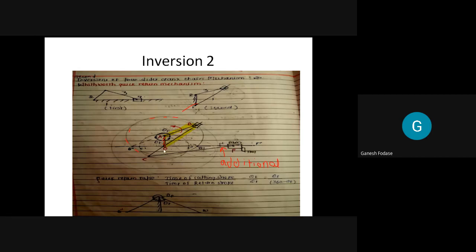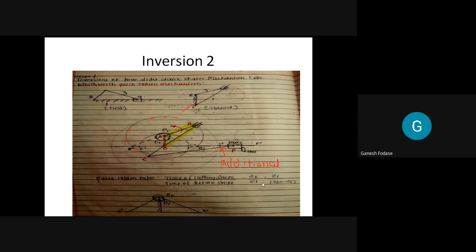So we have to define the quick return ratio. Next term is, what is this quick return ratio? Quick return ratio is equal to the time of the cutting stroke upon the time of the return stroke. Cutting stroke is nothing but the forward stroke. And we know that time is proportional to theta, so I can write theta F upon theta R, as theta is proportional to omega into T. As theta F is more, theta R is less.